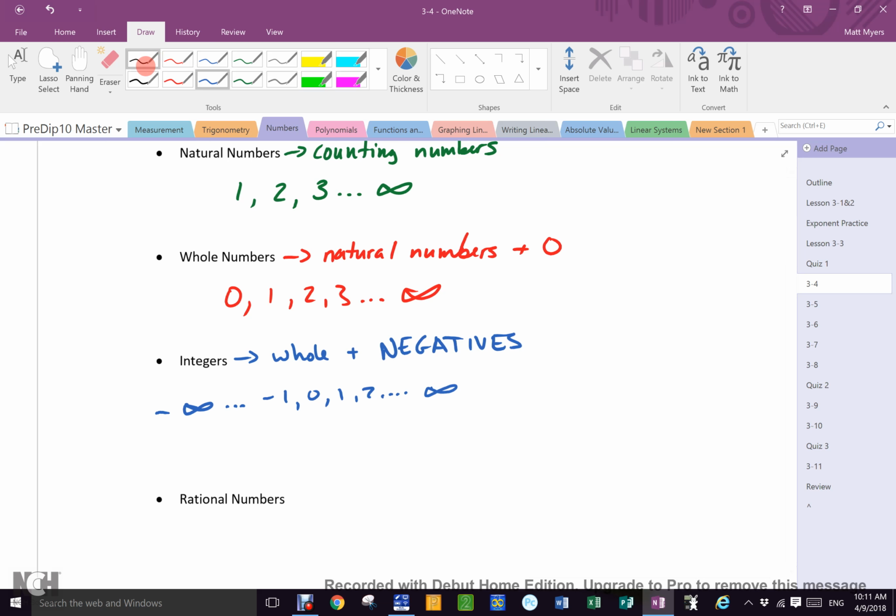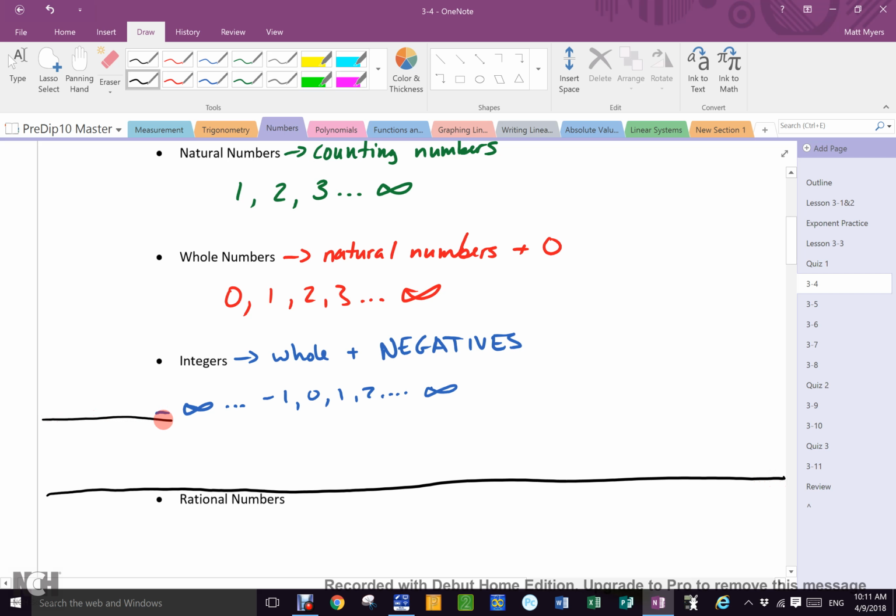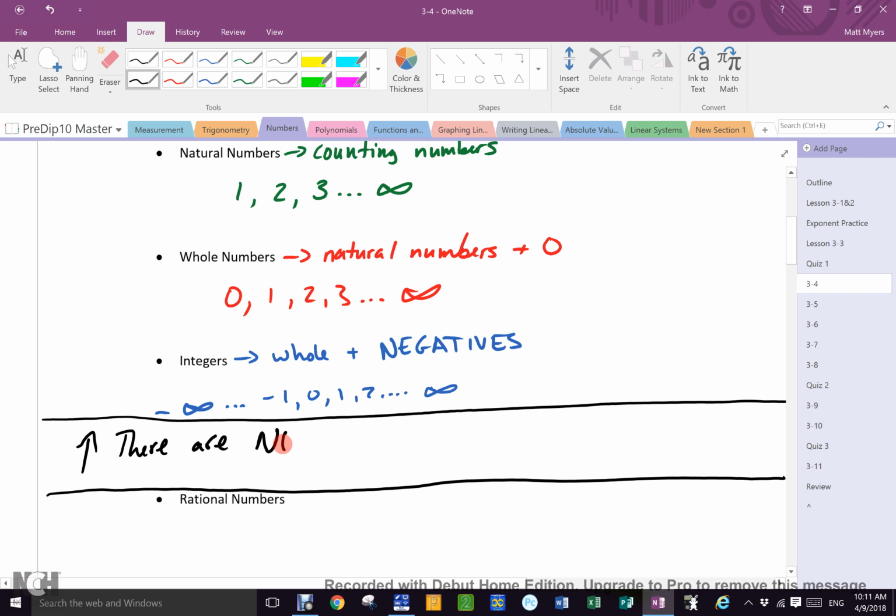All right, now, make a line just above rational numbers and just below integers. In here, we are going to write everywhere above that line, there are no decimals.